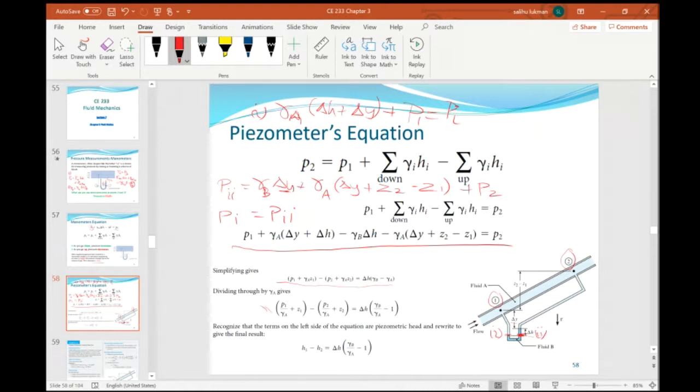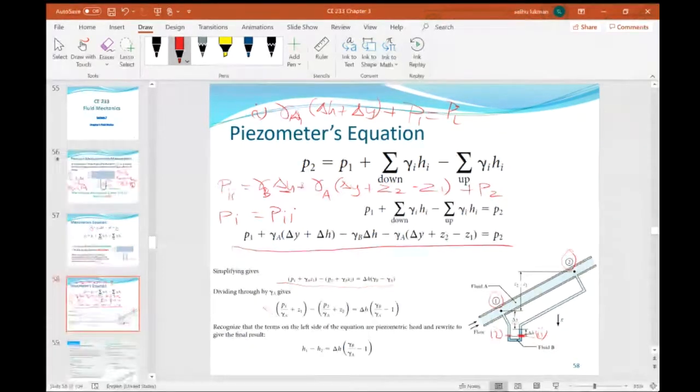And this expression is simply given to us in terms of piezometric head, because as we are going to see later, the piezometric head is simply P over gamma plus Z. That is elevation head plus pressure head gives piezometric head.